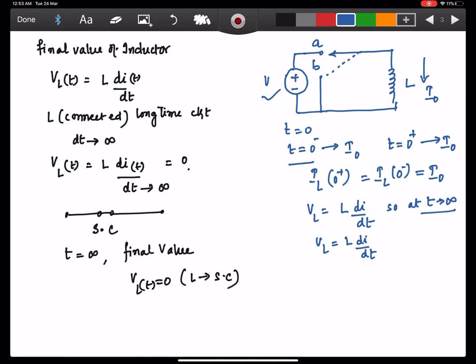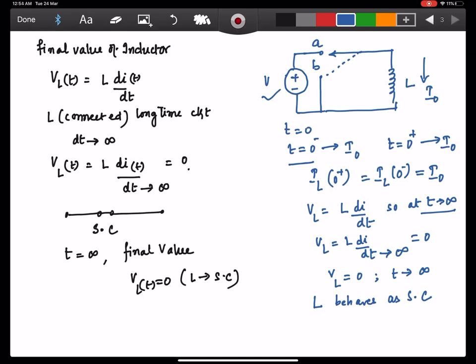At this particular point, your transition is over, hence no transition will be there and your circuit reaches a steady state. Hence di by dt at t tends to infinity gives a value of 0. So voltage across the inductor at final condition when t tends to infinity will be equal to 0. Hence we can say at final condition, your inductor will behave as a short circuit.